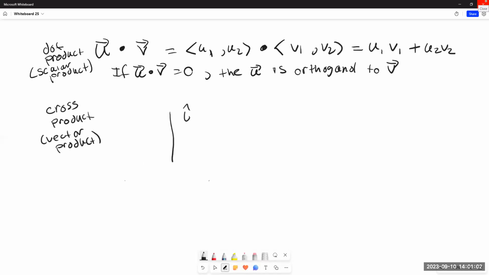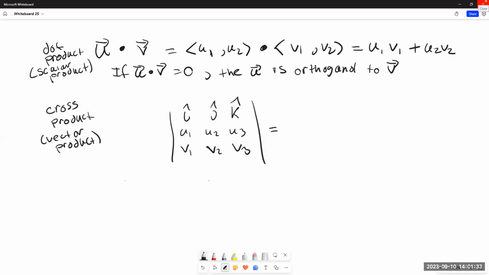We're going to have a three-dimensional vector here. So we're going to have i, j, and k, and we're going to have vector u in row 2 and vector v in row 3. I'm not going to do a lot of this right now, but you can go back to some of the stuff that we talked about with matrices. If you didn't talk about 3x3 determinants, you can go back and look at that.